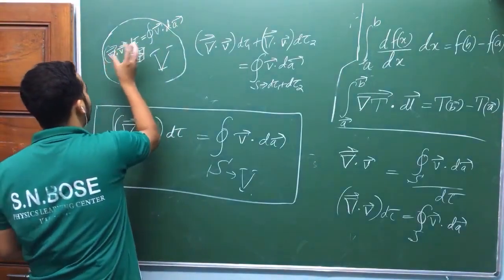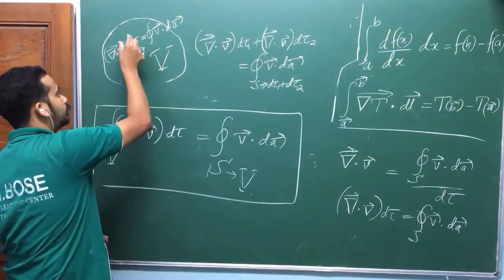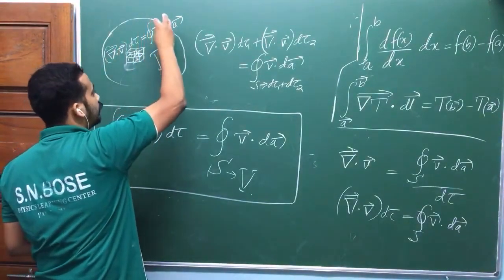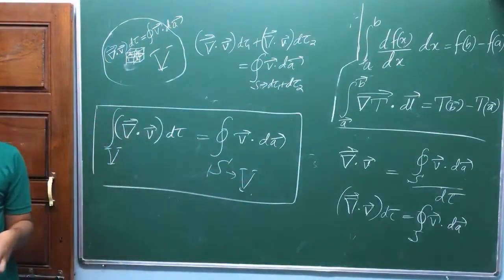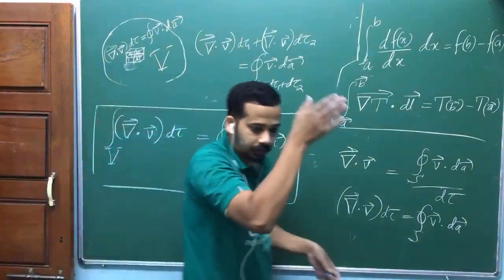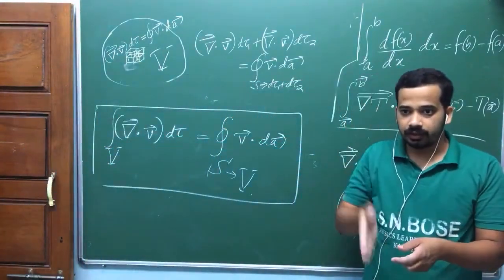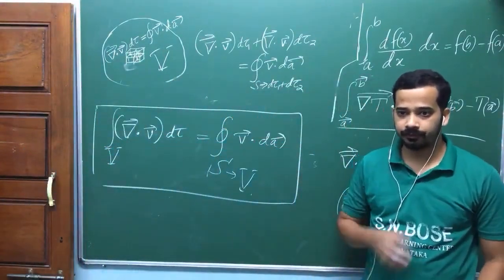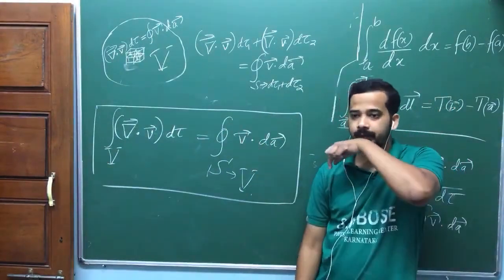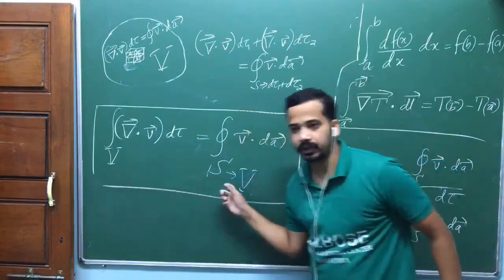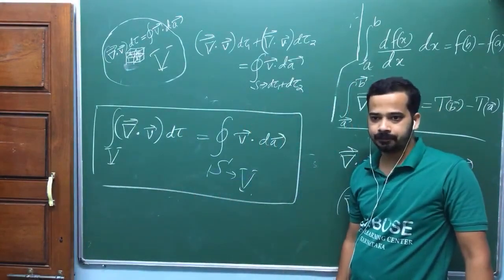And simultaneously, when you take the divergence and multiply by dτ, you get the surface integral over each small cube. When you add those surface integrals, the effect of the surface integral at the interfaces of cubes will cancel out, so that only the total surface integral of the total volume remains. So that's why I have written like this. Is this logic okay?